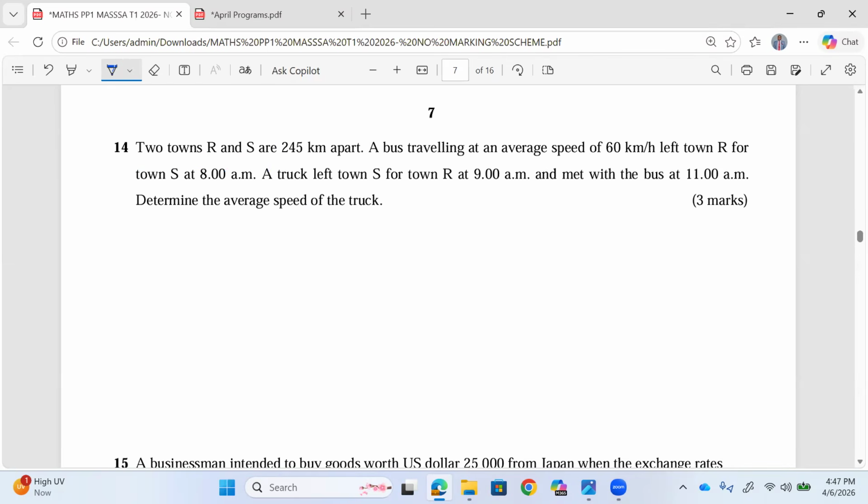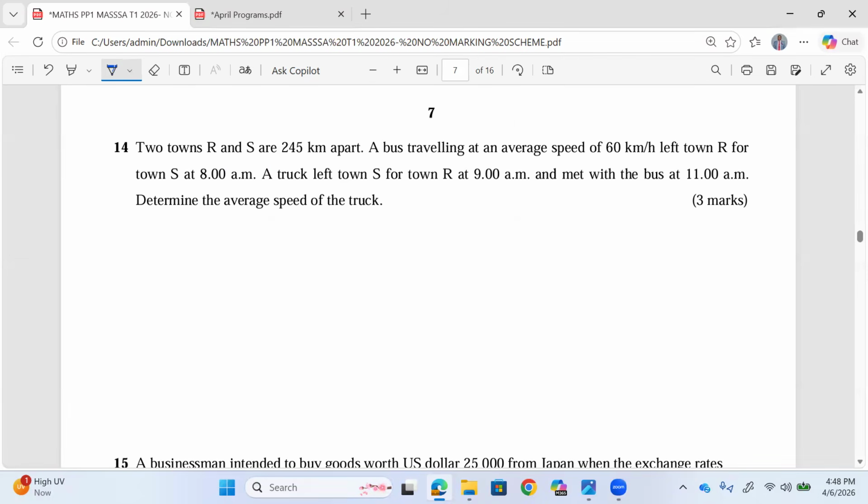Number 14. 2 towns R and S are 245 kilometers apart. Now, a bus traveling at an average speed of 60 kilometers per hour left town R for town S at 8 a.m. A truck left S for town R at 9 a.m. and met with the bus at 11 a.m. Determine the average speed of the truck.